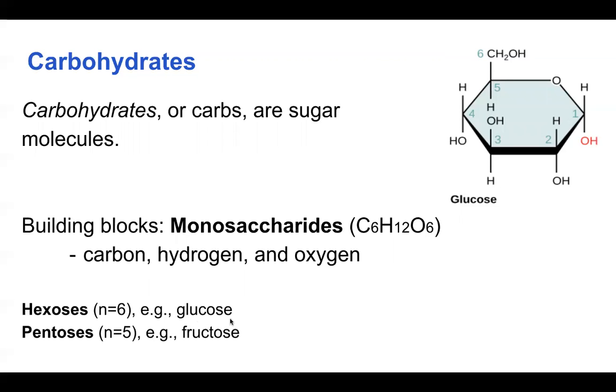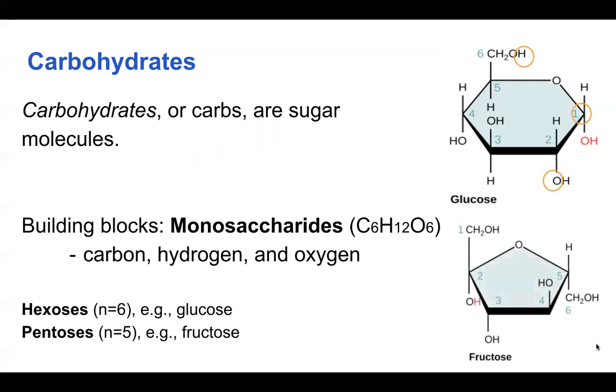As you can see in here, hexoses consist of 6 carbon atoms. Pentoses include 5 carbon atoms. One of the examples of hexoses is glucose. One of the main examples of pentoses is fructose.